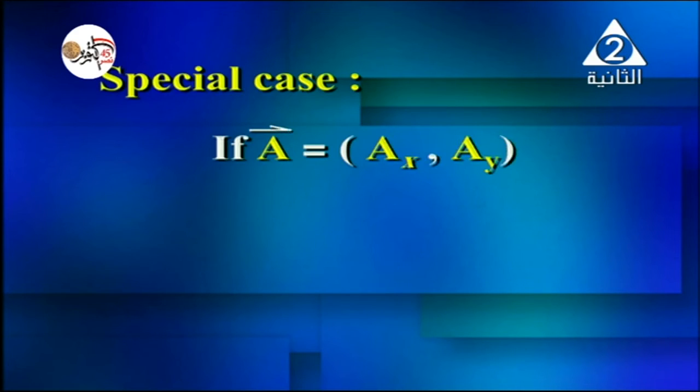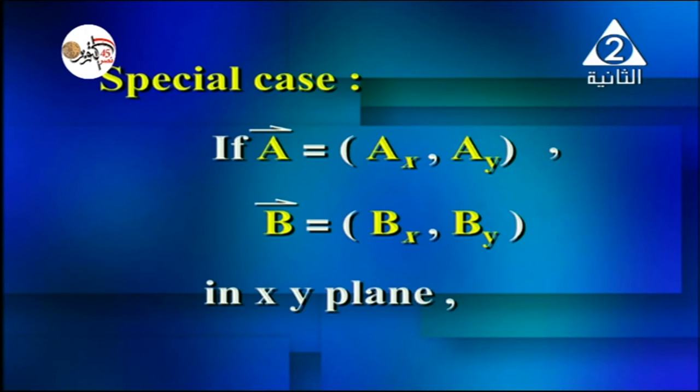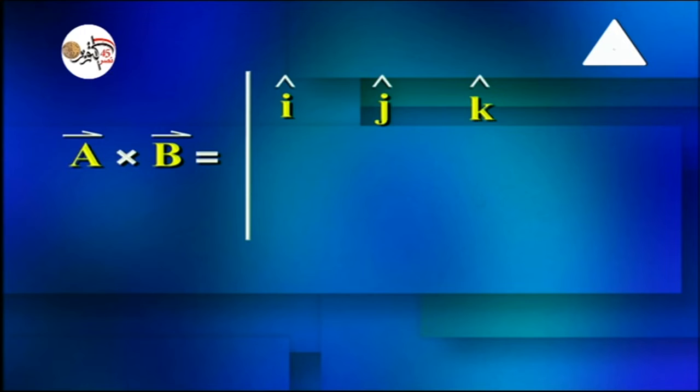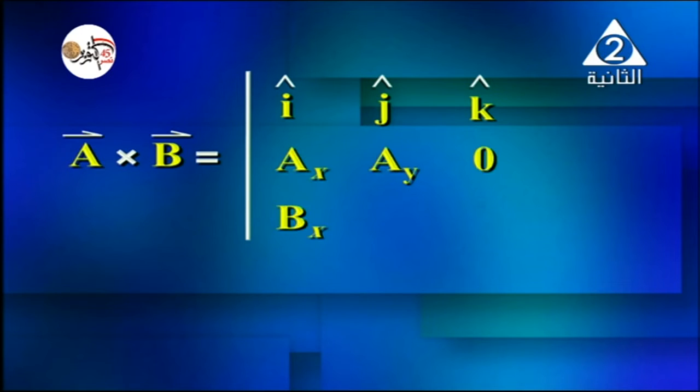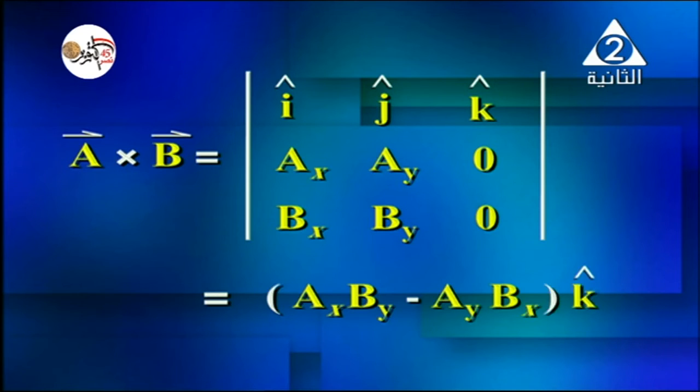Special case: if a vector is (ax, ay) and b vector is (bx, by) in the xy plane, then we deduce a cross b by using the determinant i j k. Therefore, the value of a cross b equals what? (ax by minus ay bx) in the k vector.